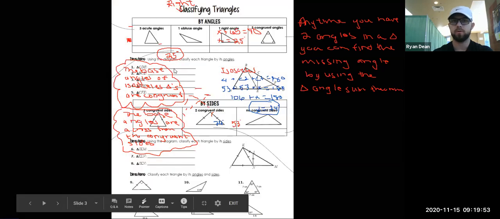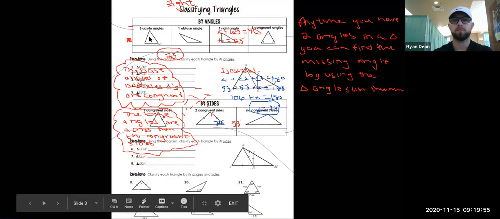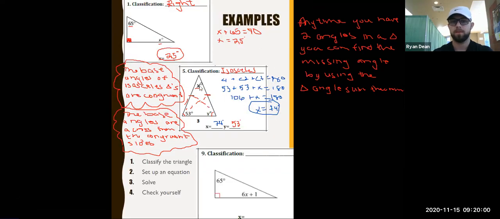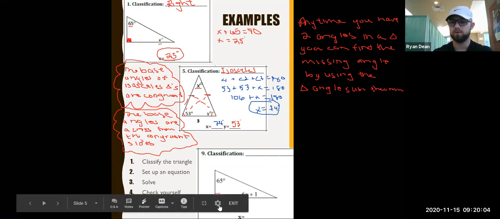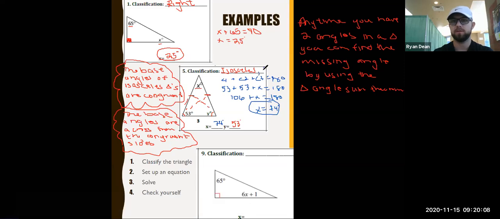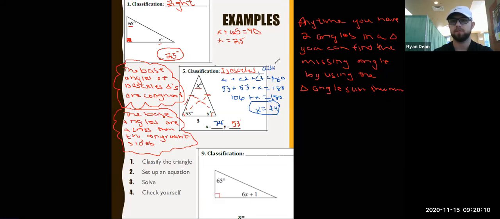Back to our slide real quick, we'd be looking at this one right here because it has 3 acute angles. All of our angles are less than 90 degrees. So this one is going to be acute. So we have an isosceles acute triangle.